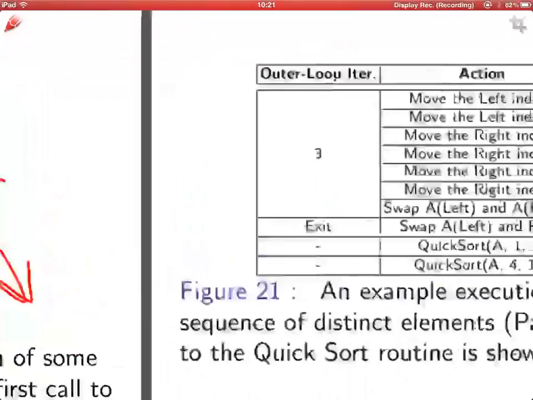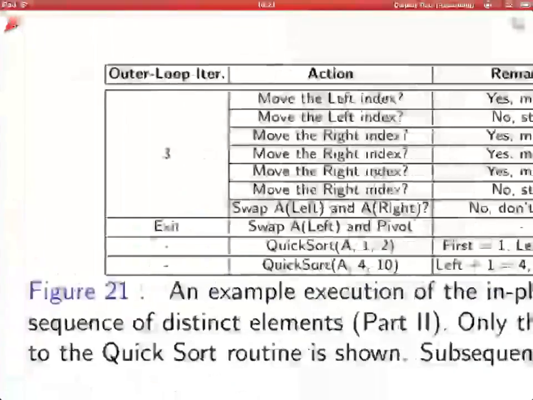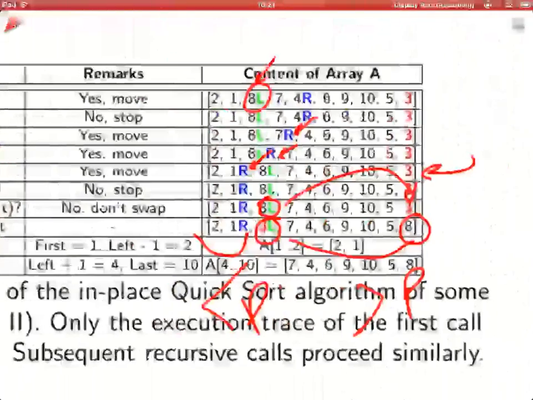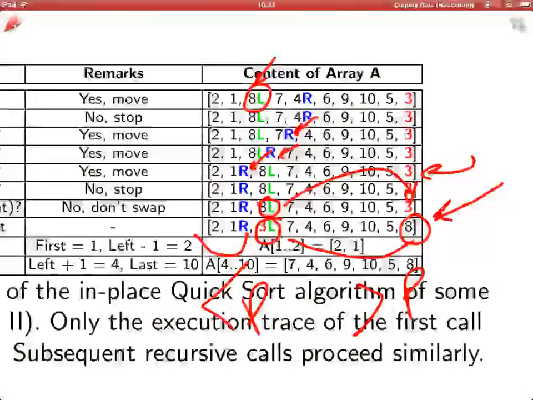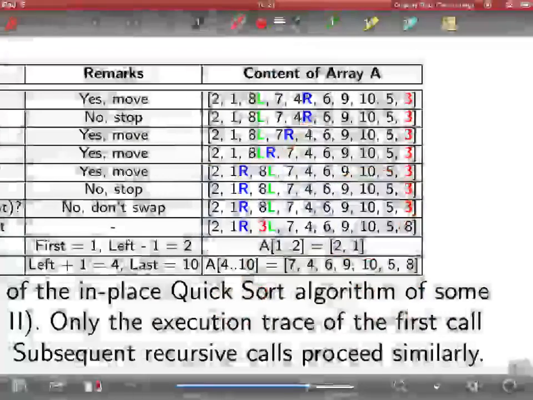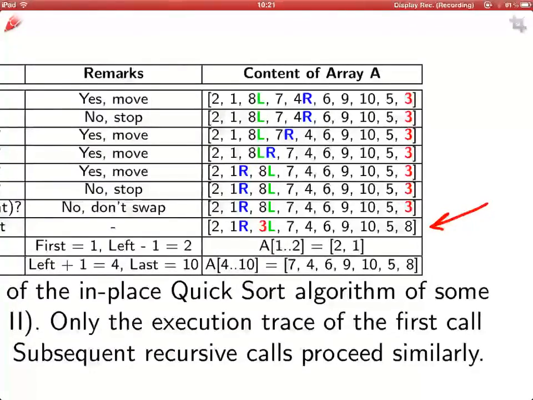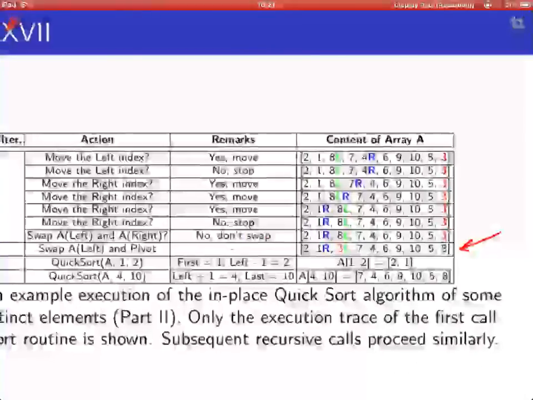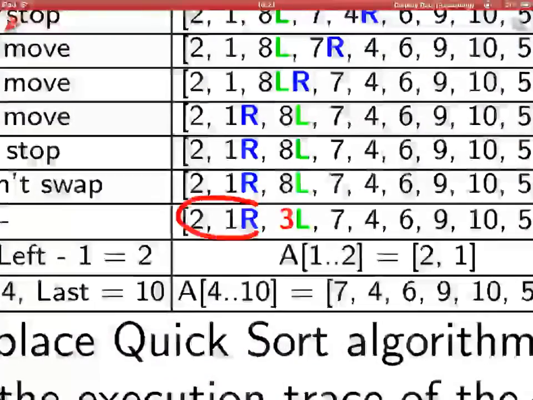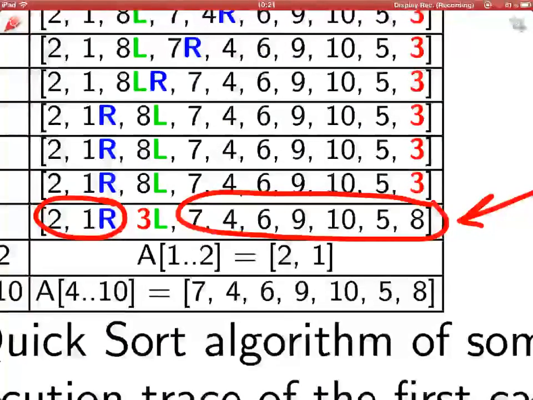Now, after we have reached this stage, basically what we have done here is, now the sequence is partitioned. So next, we are going to call partition over this part, and over this part, like we did in the other quicksort.